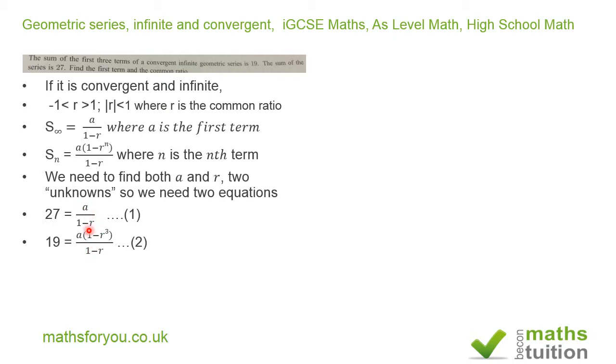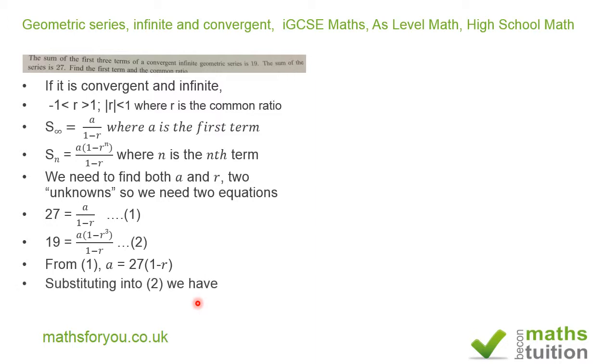Okay, now there's a very close similarity between these two equations here. So now, if you look at equation 1, we see that the first term a is equal to 27 times 1 minus r.